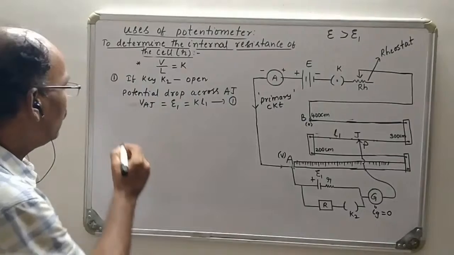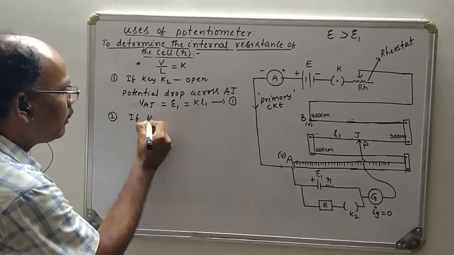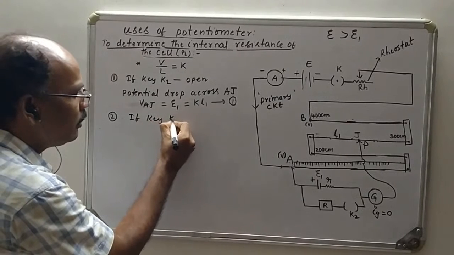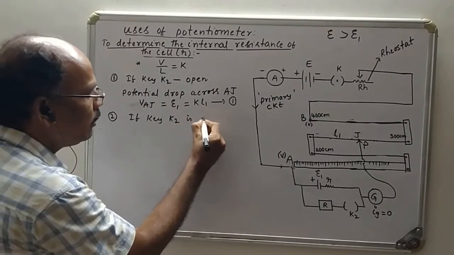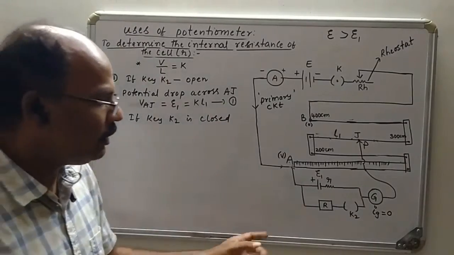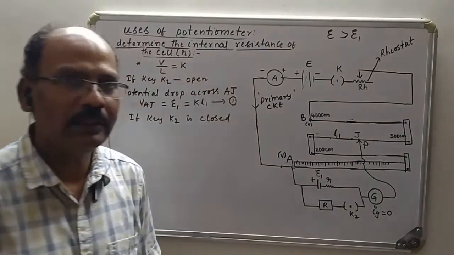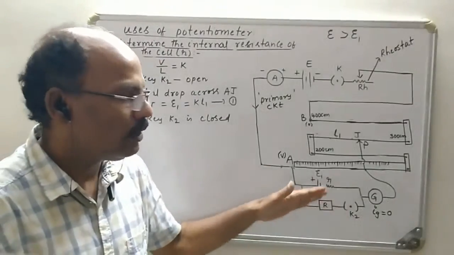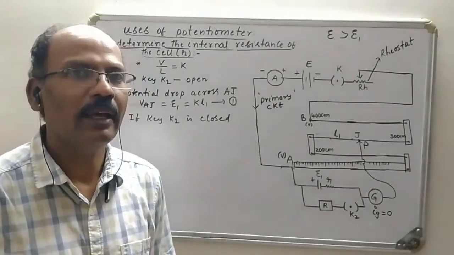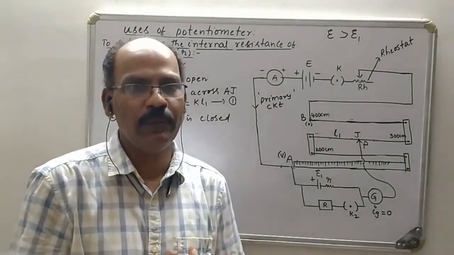And the second case: suppose key K2 is closed, and the plug key K2 is closed, then what happens? It comes to a closed circuit. Then we know the definition of terminal potential difference.